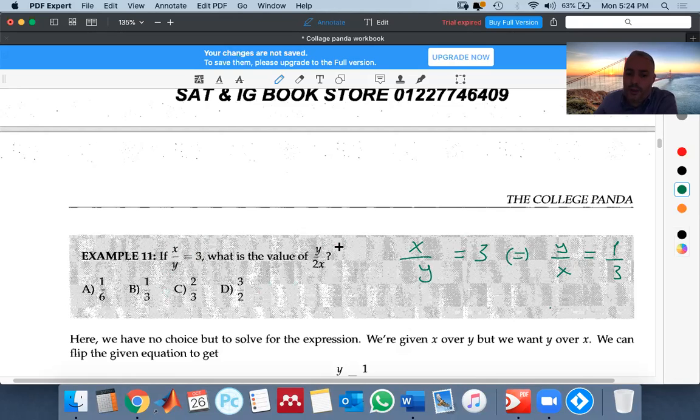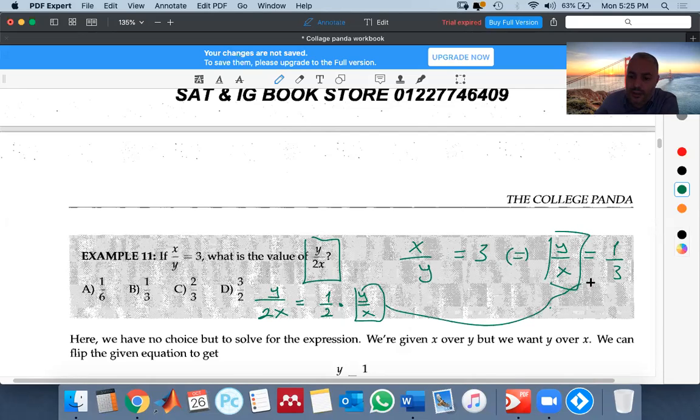Okay, so be careful now. y over 2x means 1 over 2 times y over x, right? Yes, it's true. So y over x, it's here 1/3. So put it here: 1 over 2 times 1/3. Result is 1/6. Okay? 3 different ways we have seen.